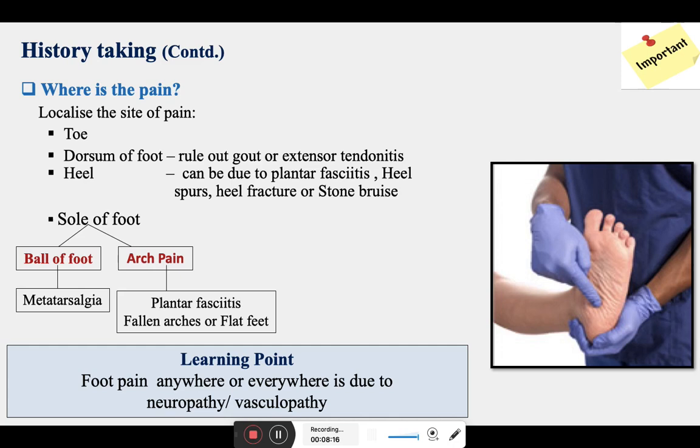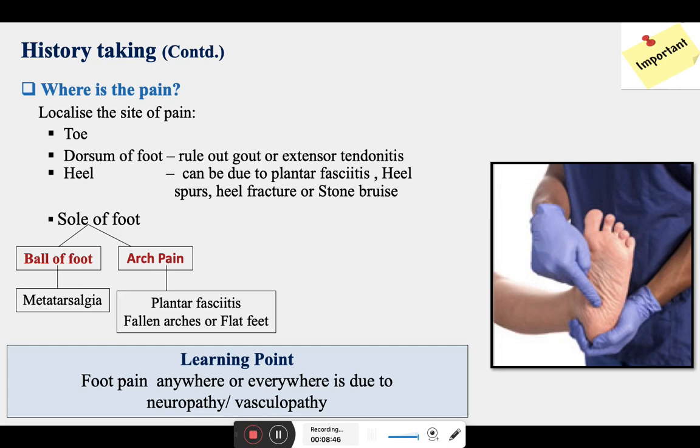If it is present in the heel, we should always rule out plantar fasciitis, heel spurs, heel fractures, or stone bruise. And if it is in the sole of the foot, we should try to identify the area, whether it is the ball of the foot, that may be because of metatarsalgia, or if it is an arch pain, that may be because of plantar fasciitis, fallen arches, or flat feet.